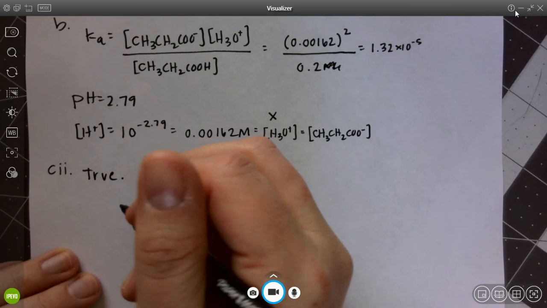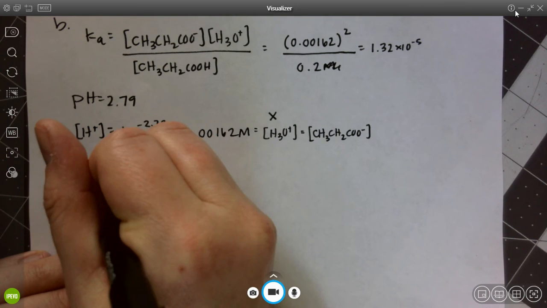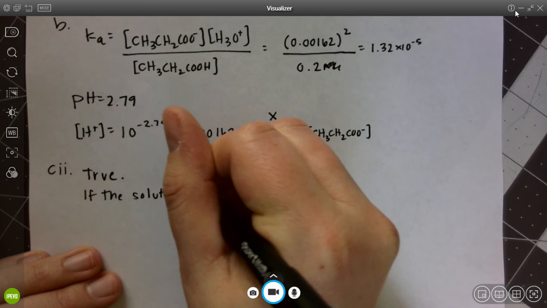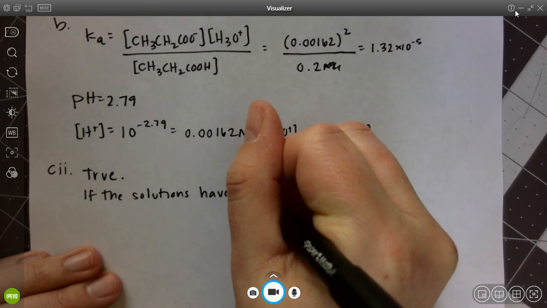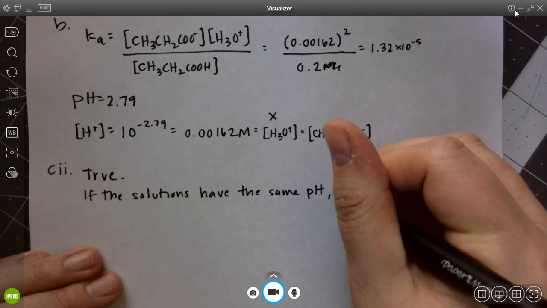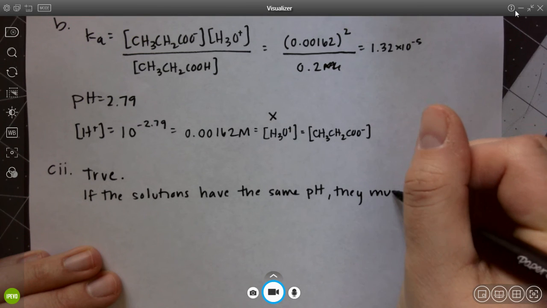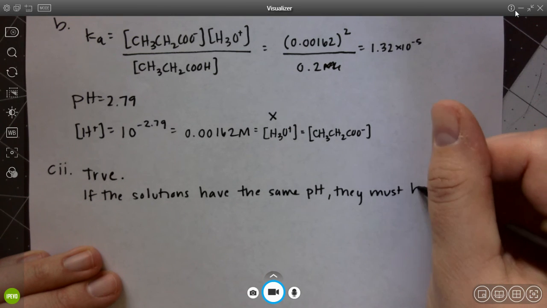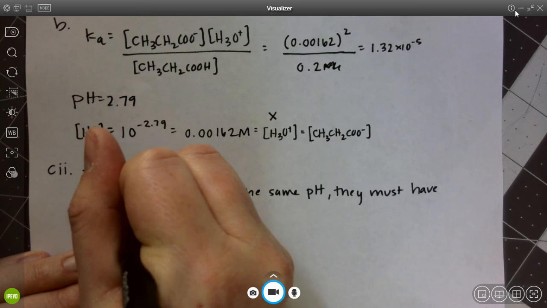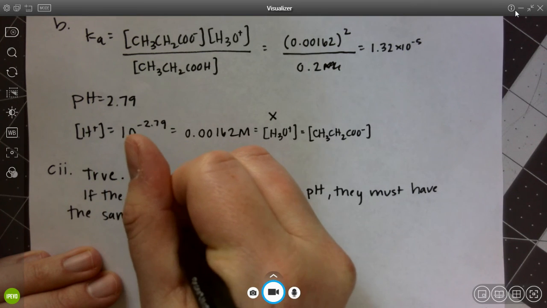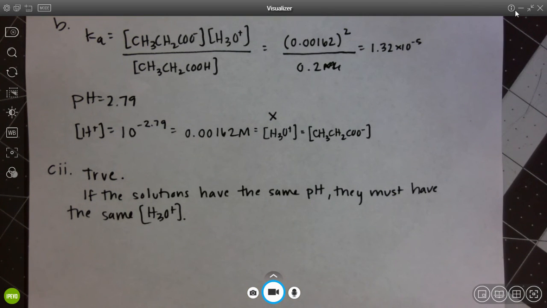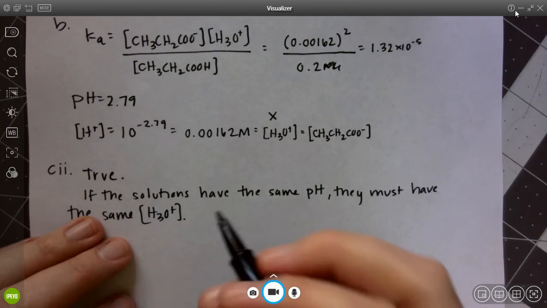My thought process was that if the solutions have the same pH, they must have the same H plus concentration. I'm going to write H3O plus there. We know that to be true. So the only way they can have the same pH is if they have the same H3O plus concentration.